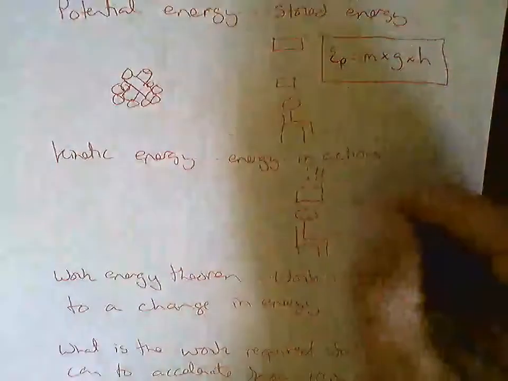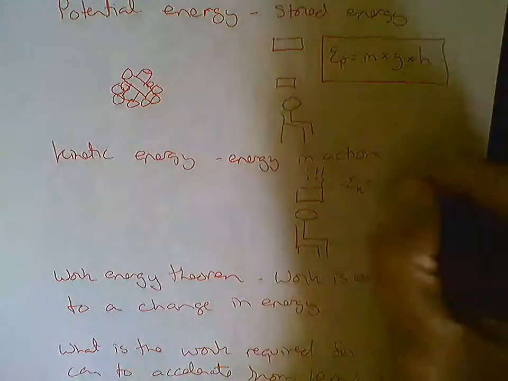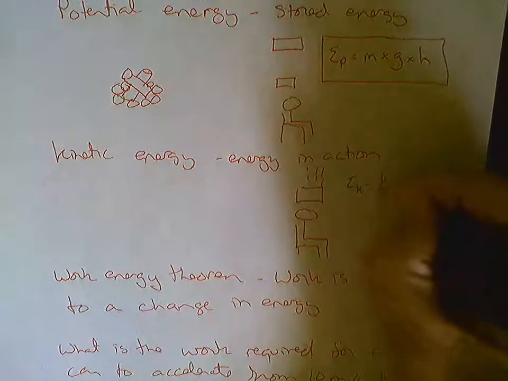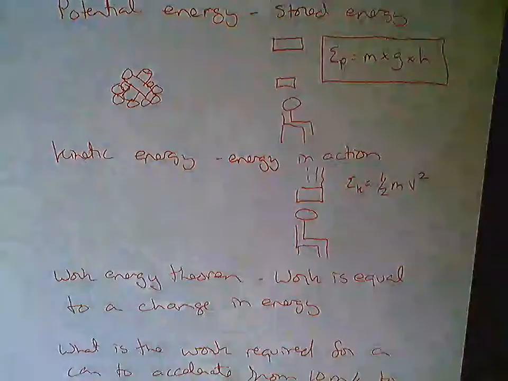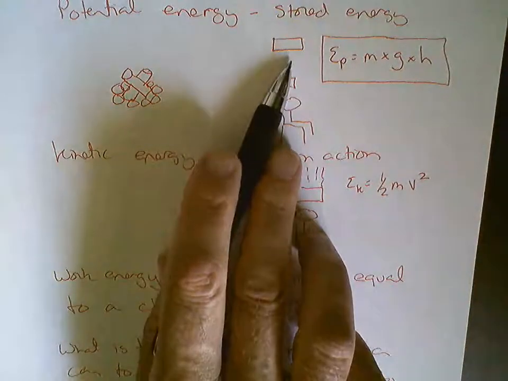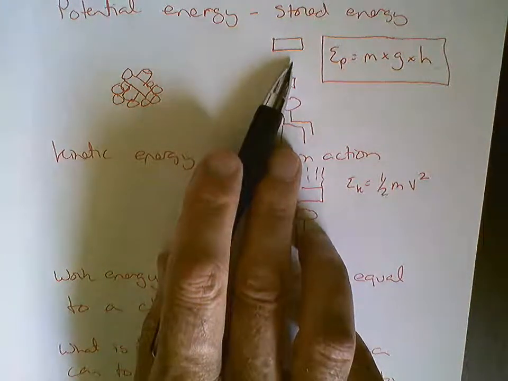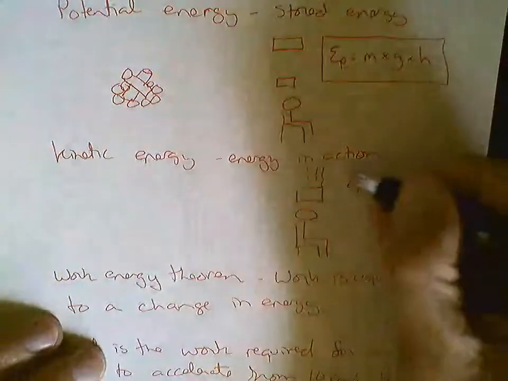How much kinetic energy does it have? Well, the energy it has is based on the mass of the brick and the velocity at which it's moving. So this is the energy here when we have no motion. Everything is just waiting to go. The energy here would be based on the velocity.